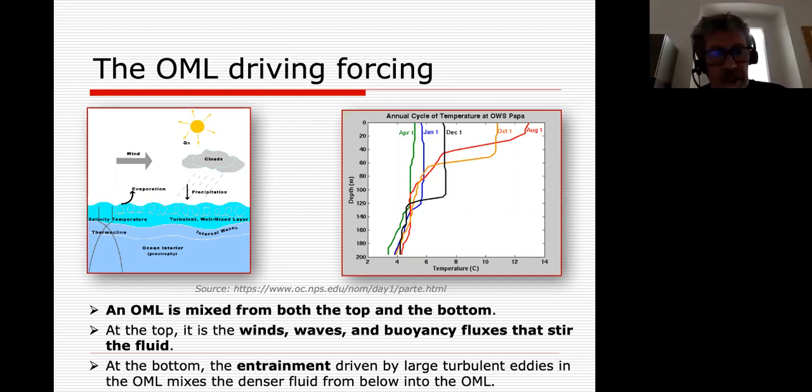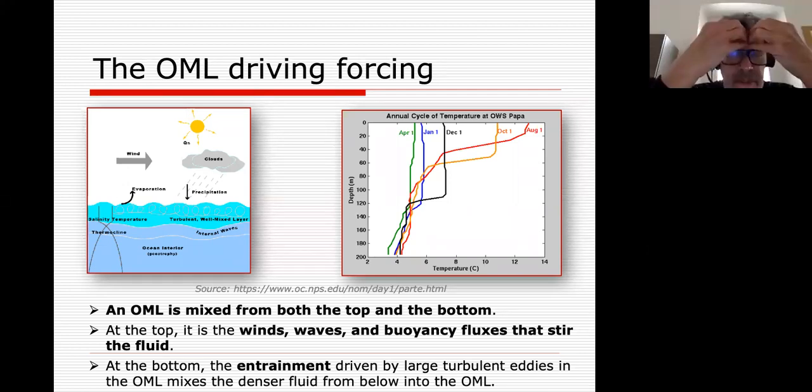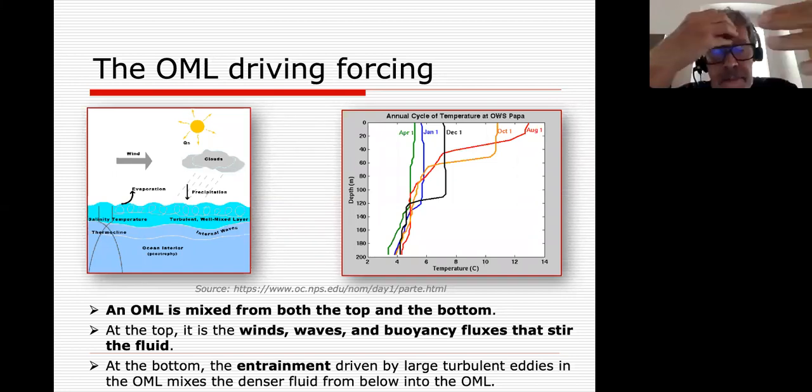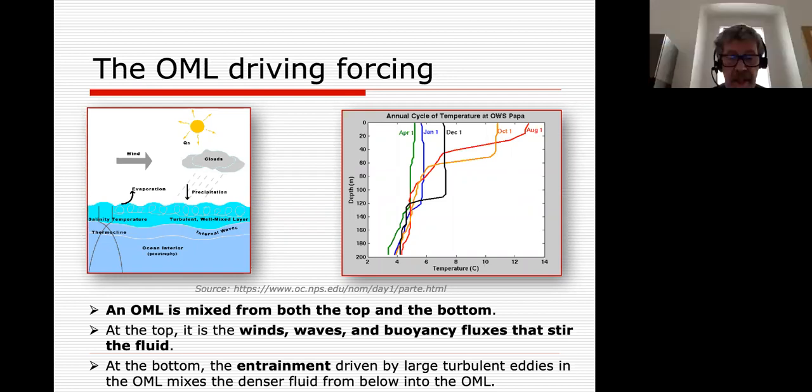This happens at the surface. At the bottom things are more or less similar. Different processes act at the bottom, but create the same effect. So the entrainment, as I told you, given by a large turbulent head in the OML, mixes the denser fluid from below into the OML.